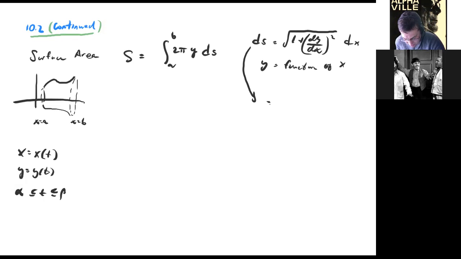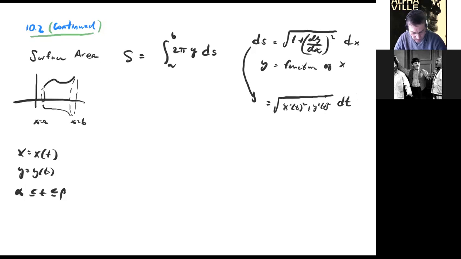Last time we saw that ds was the square root of dx dt squared plus dy dt squared, so it's the square root of x prime of t squared plus y prime of t squared, times dt. We did this last time, so I'm not going to go through the derivation again.